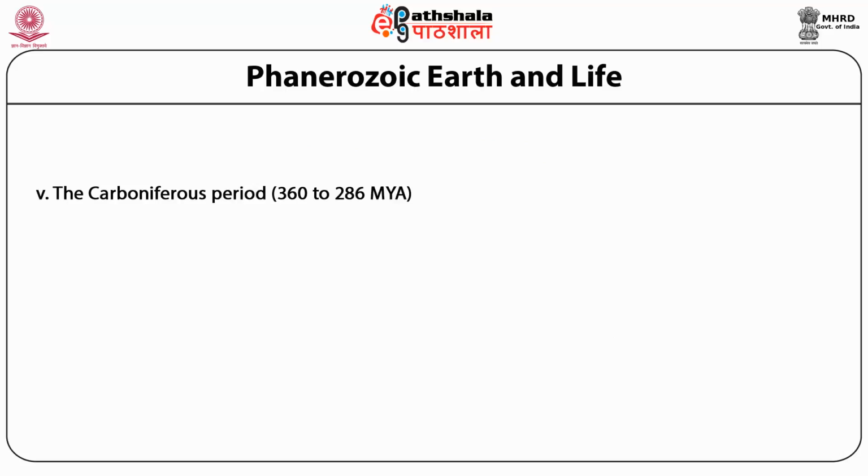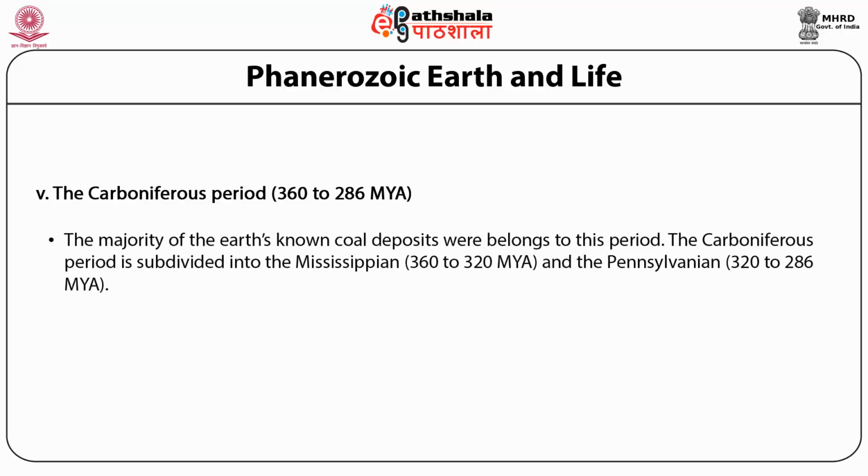The Carboniferous period. The Carboniferous period lasted from about 360 to 286 million years ago during the late Paleozoic Era. The majority of the Earth's known coal deposits belong to this period.